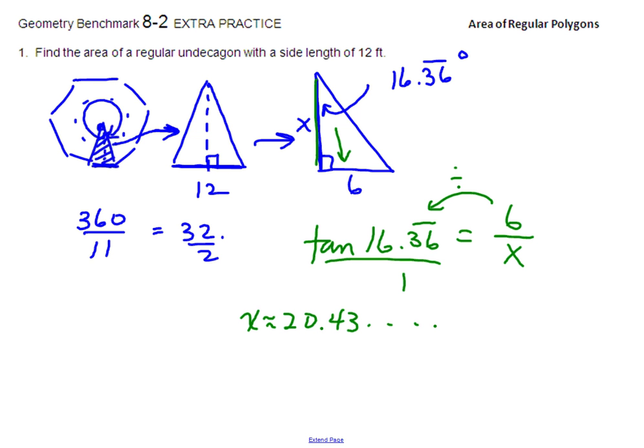And then to find the area of that triangle, let's stick with this triangle here. I'll take that 20 that's already in my calculator, multiply it times 6, and then divide by 2 because it's a triangle. Then I'm going to go times 2 to get the other half of that triangle along with it. It's kind of confusing when you divide by 2 and times 2.